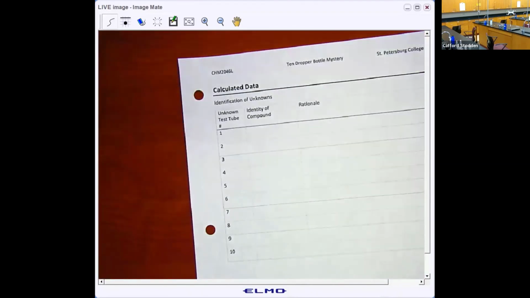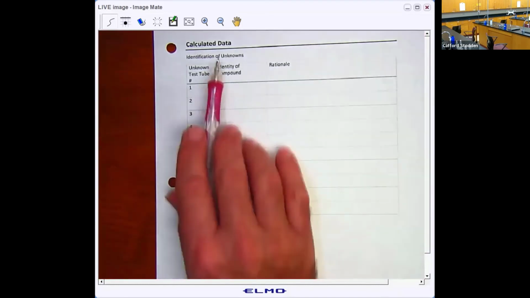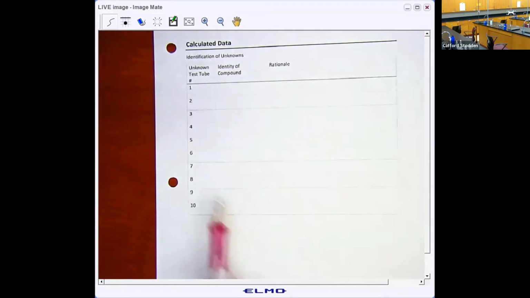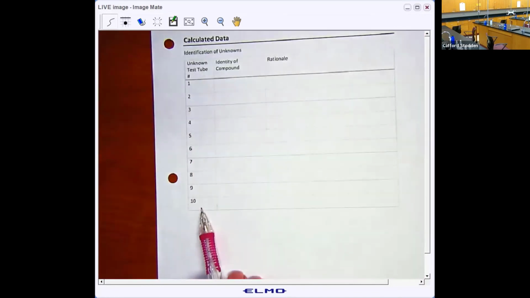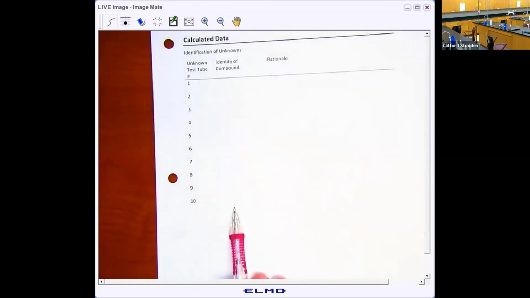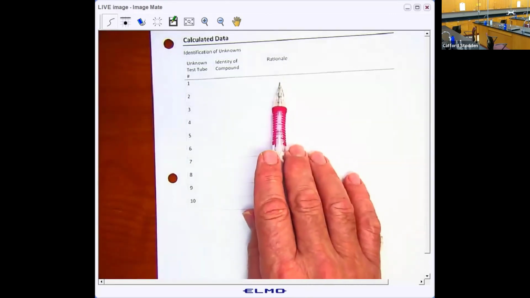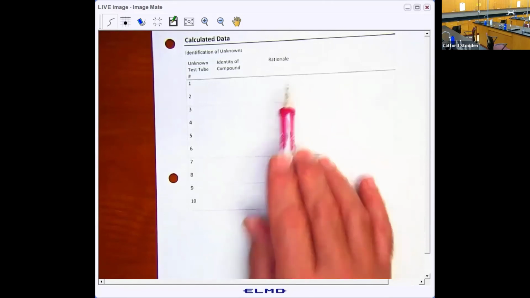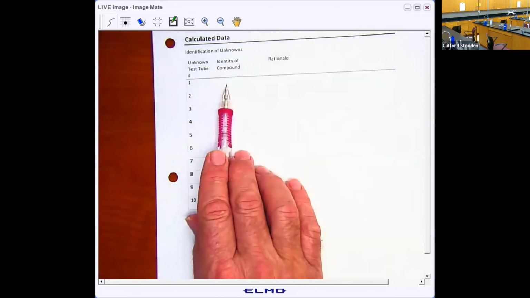What I do want you to fill in is this third page, where you have the calculated data, which basically means here are your unknown numbers for your dropper bottles. Your identities would go here, so you write in whatever the formula is for that compound, and then your rationale. For the rationale, I want you to write down which combinations helped you identify that particular compound.